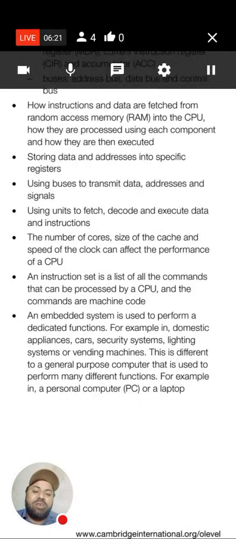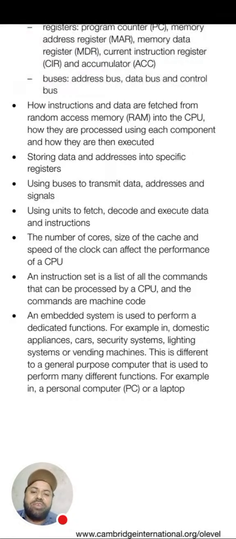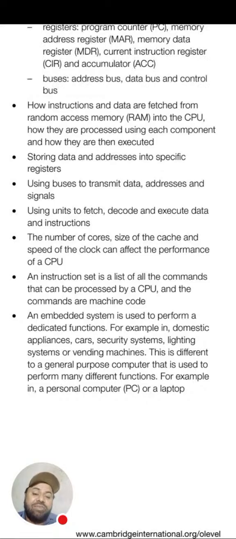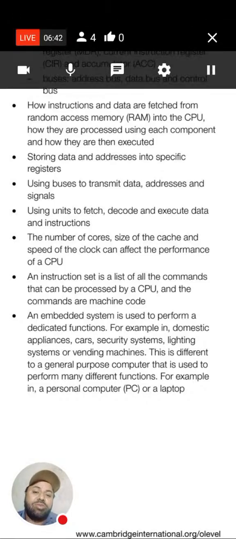Then there is storing data and addresses in different registers. From RAM, there are also registers, which are a very small memory, and they contain data and addresses, for example which register to access or which thing to fetch.